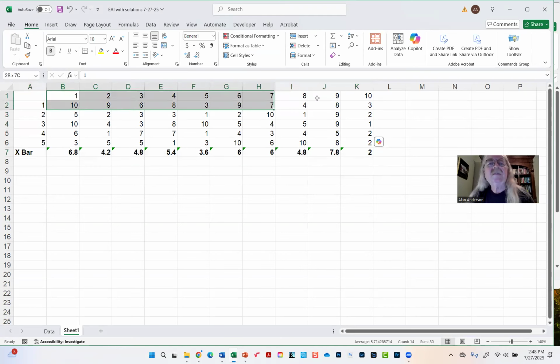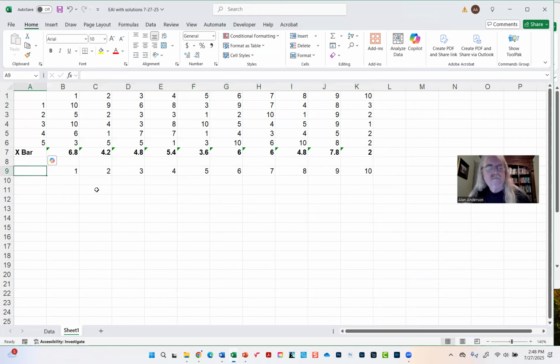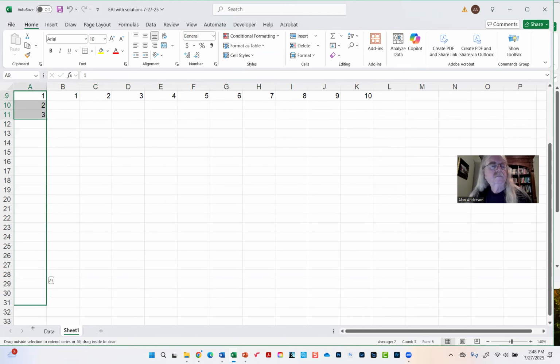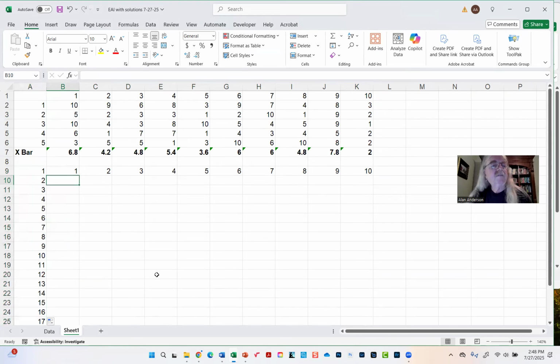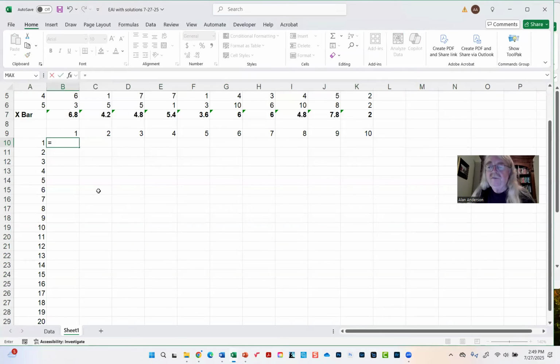So now I'm going to do the same thing with, let's say, samples of size 20. So I'm still going to ask for numbers from 1 to 10.